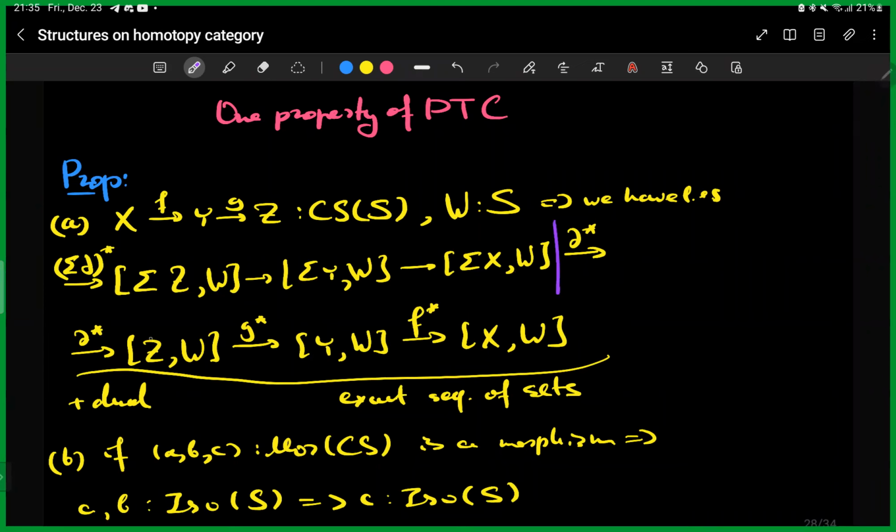And after here, we have an exact sequence of sets where exactness, for example, in this term is considered in terms of action of this thing on this thing. So that's an analog of long exact sequence of fibration, cofibration. I guess here it's cofibration, so long exact sequence of cofibration.